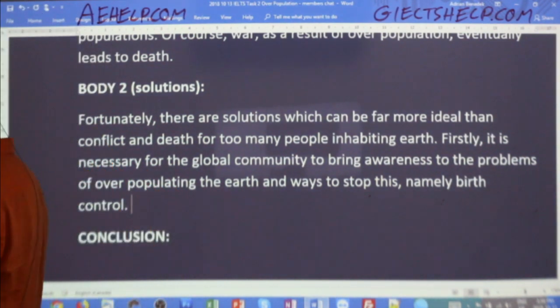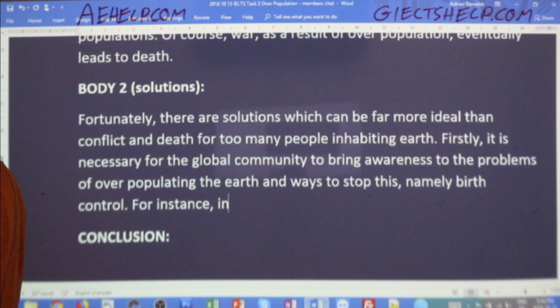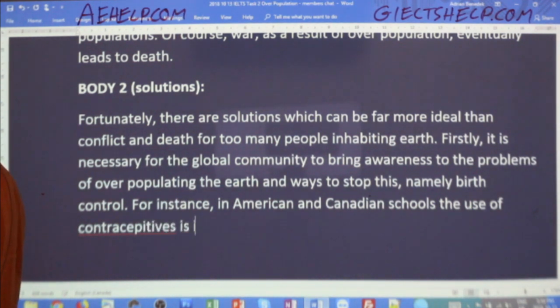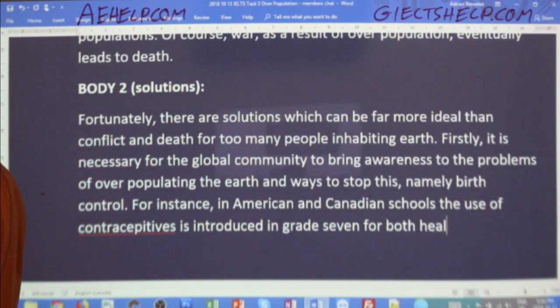For instance, in American and Canadian schools, the use of contraceptives is introduced in grade 7 for both health and future benefit.